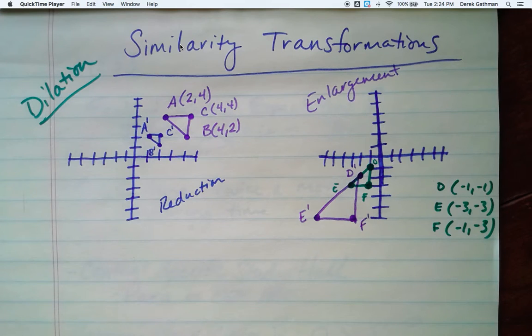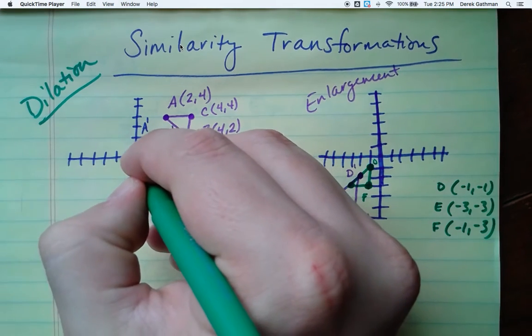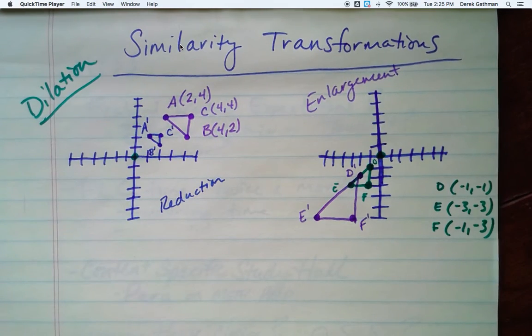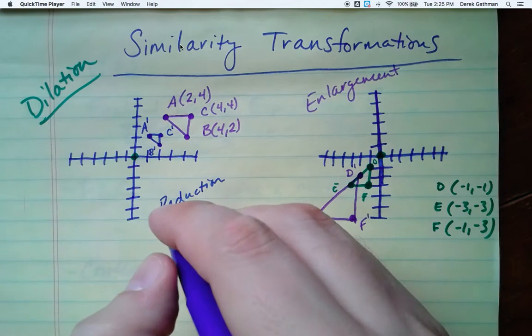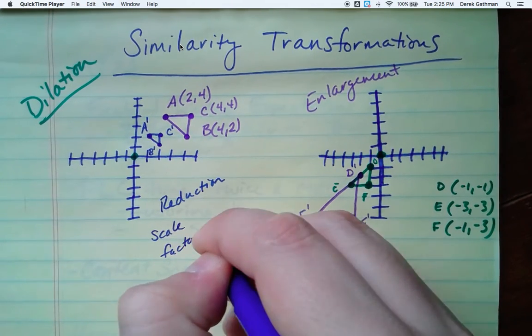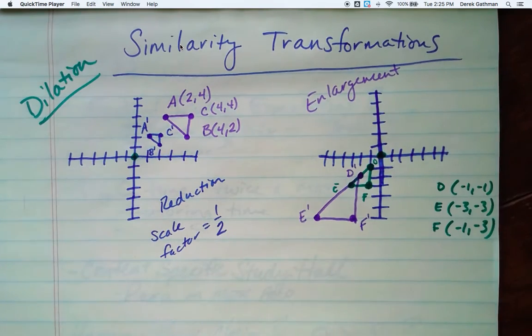Mainly in our coordinate plane, we're going to use the origin, or 0, 0, as our center of our dilation. And then your scale factor would be how much it grew by or how much it was reduced by. So in this one, our reduction, our scale factor would be 1/2 or 0.5. I basically just divided everything by 2.